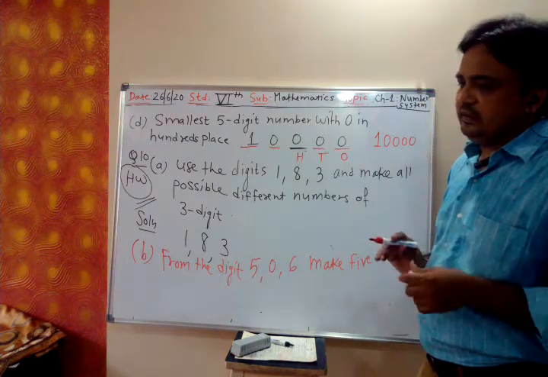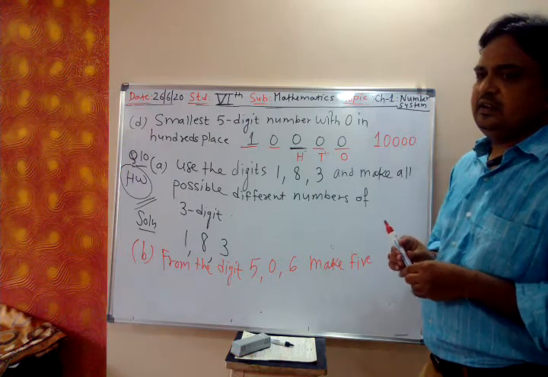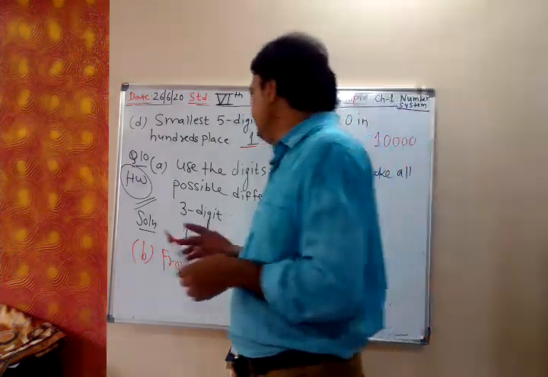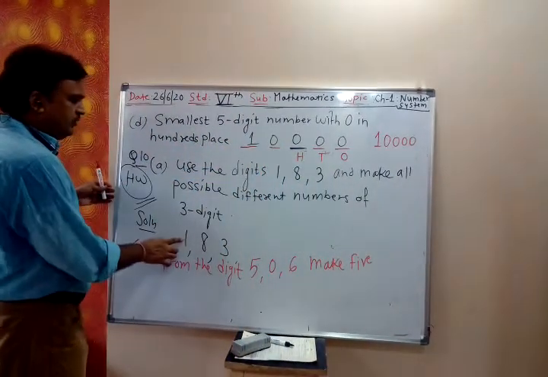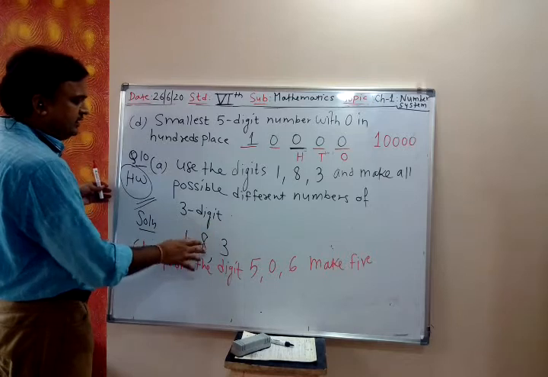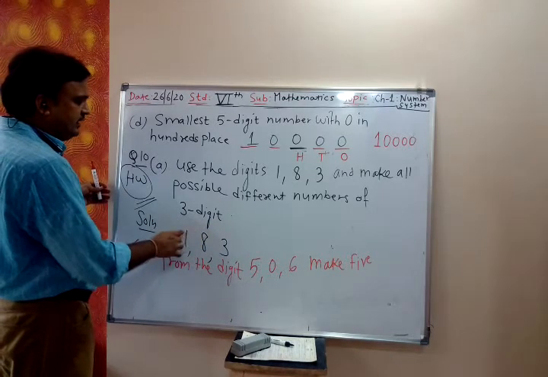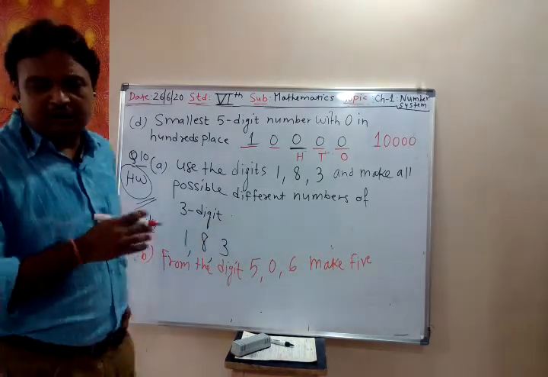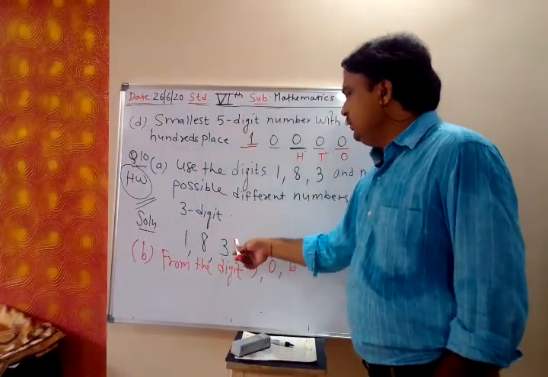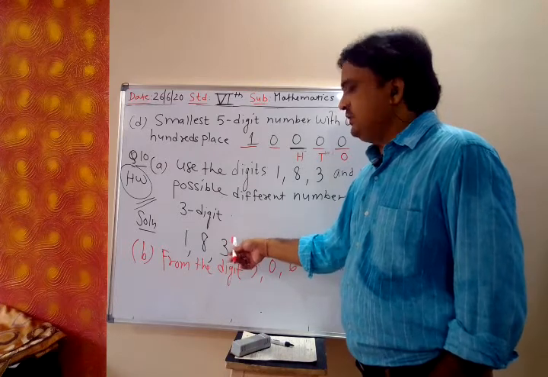You have to repeat the digit also, no? You have to repeat the digit. 111, 113, 118, 138, 183. Then 333, 318, that way. Make all of these. In this total there will be 27 numbers.